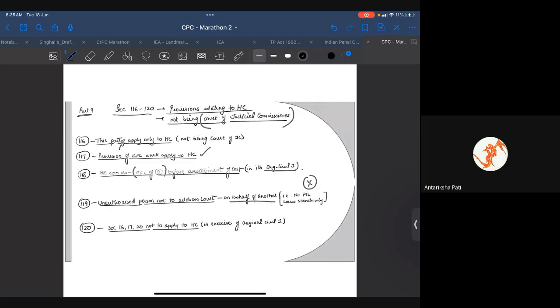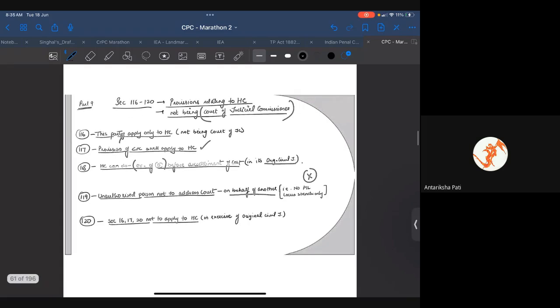Because it is not a PIL, only locus standi has to be checked, otherwise you cannot address on behalf of another. Now section 120 says sections 16, 17, 20 do not apply to High Court in exercise of original civil jurisdiction. So even though there is no place of suing or territorial jurisdiction, the High Court may still do it. That's what 120 says.